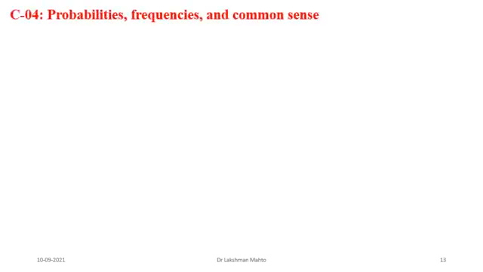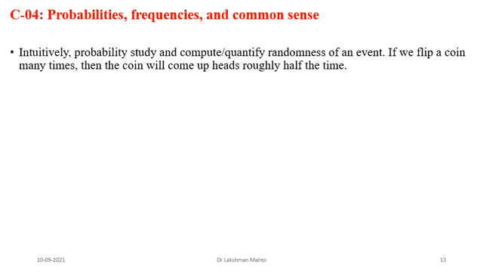Okay, coming to a few more remarks for the probabilistic model. Intuitively, probability is used to quantify the randomness of an event. If we flip a coin many times, then the coin will come up heads roughly half the time.